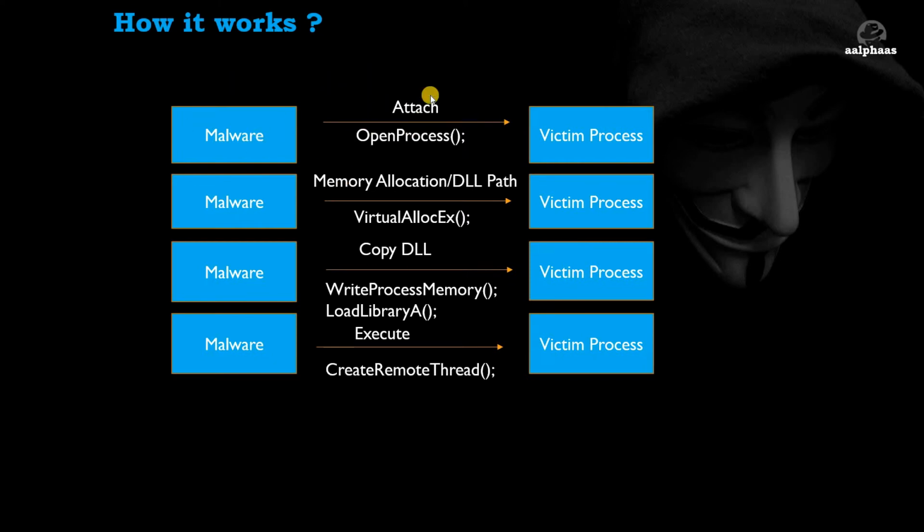So here is the process. There are two ways to deploy it. Either malware can download the DLL from your server at the time of malware running. Then the malware has to save it somewhere on the disk.